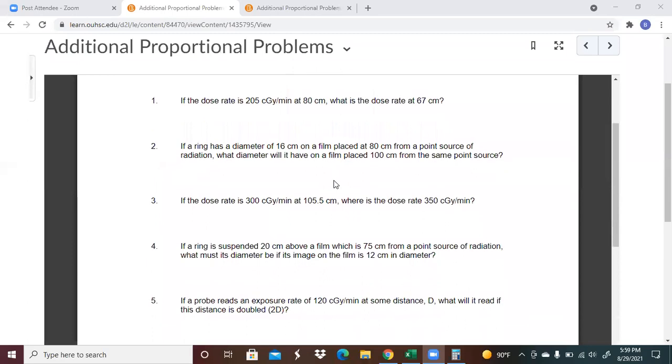Let's go down to problem 2. If a ring has a diameter of 16 cm on a film placed at 80 cm from a point source of radiation, what diameter will it have on a film placed 100 cm from the same point source? So our problem here, let's draw this out.